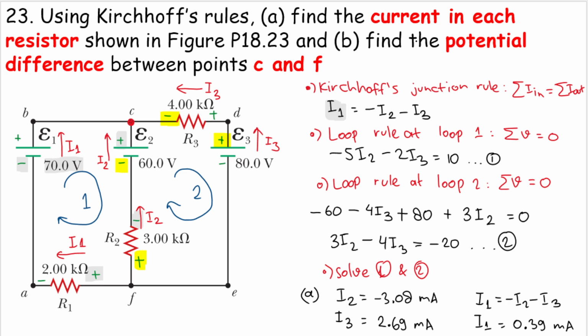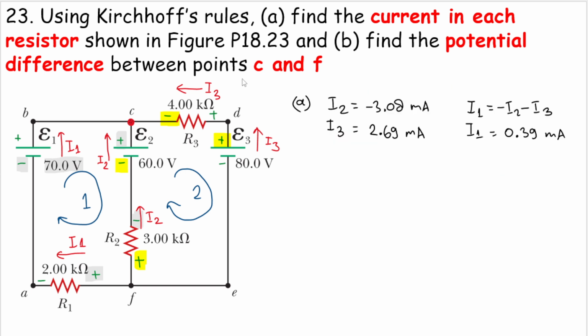And for question B, let's find the potential difference between point C and F. Okay, here now let's answer question B. What is the potential difference between C and F? Okay, so we are asked for VCF. Maybe let's use this node here as intermediate. So A, B, C, D, E, F. Let's name this as G, right?